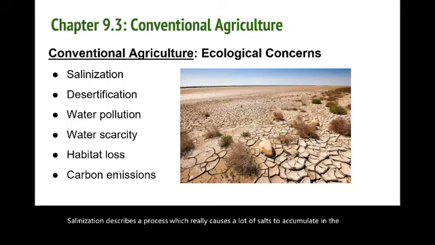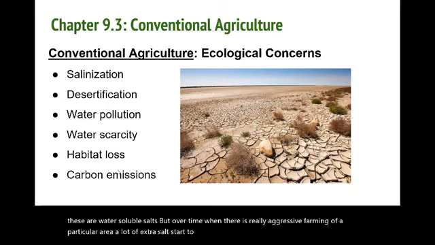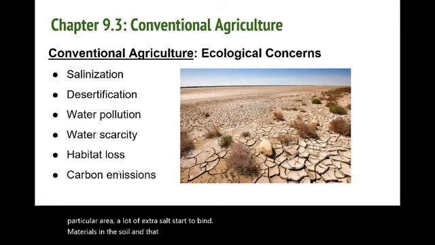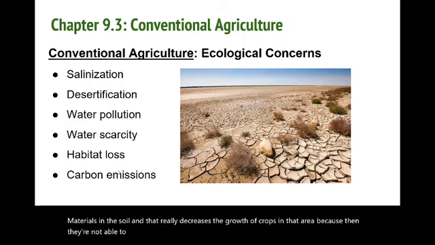And these are water-soluble salts, but over time, when there is really aggressive farming of a particular area, a lot of extra salts start to bind materials in the soil. And that really decreases the growth of crops in that area because then they're not able to take up water as easily. And so salinization is a really big concern.